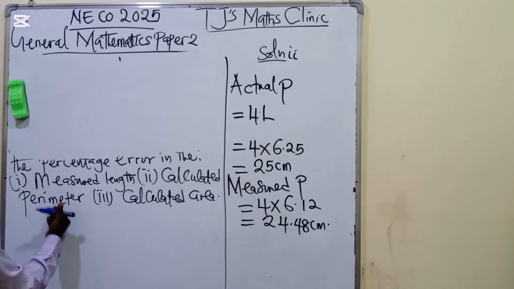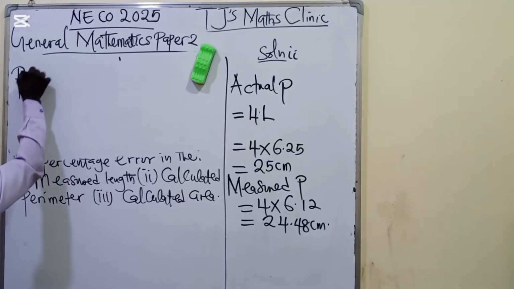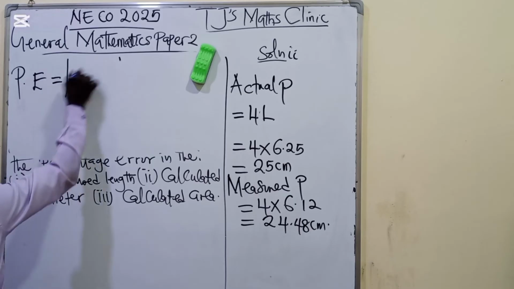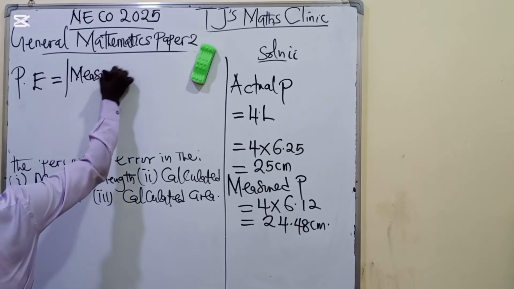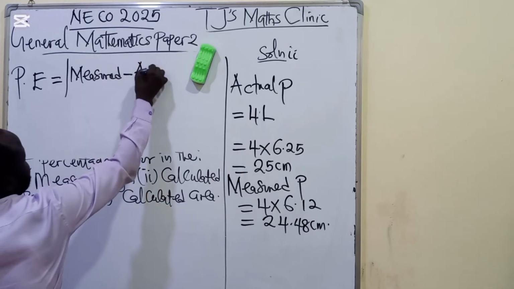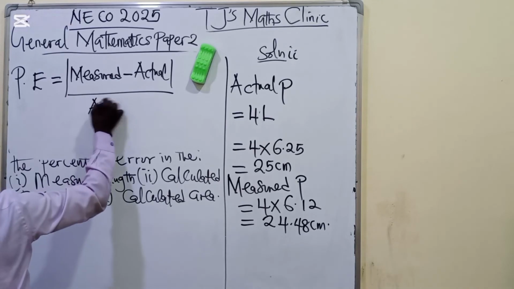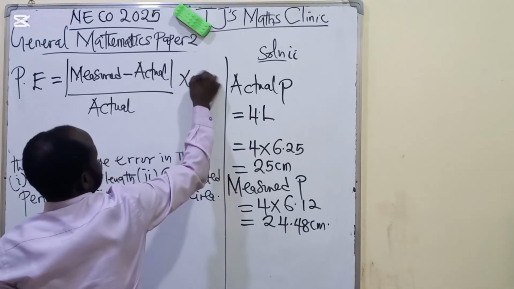Very important. So to find the percentage error in this calculated perimeter, the percentage error, PE, will be the absolute value of the measured perimeter minus the actual, divided by the actual, multiplied by 100.